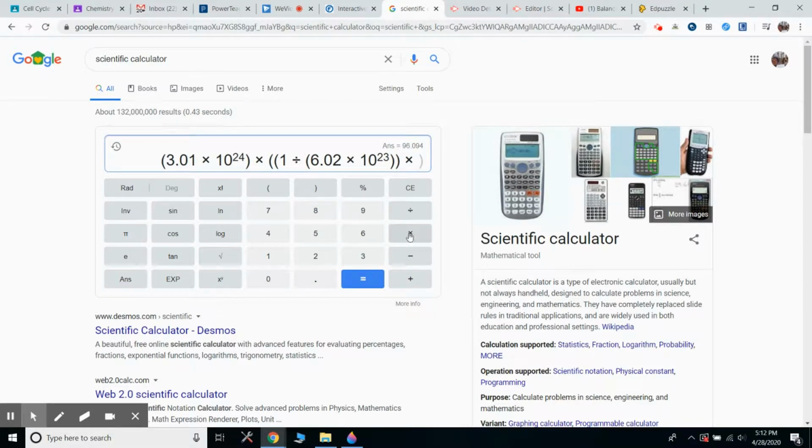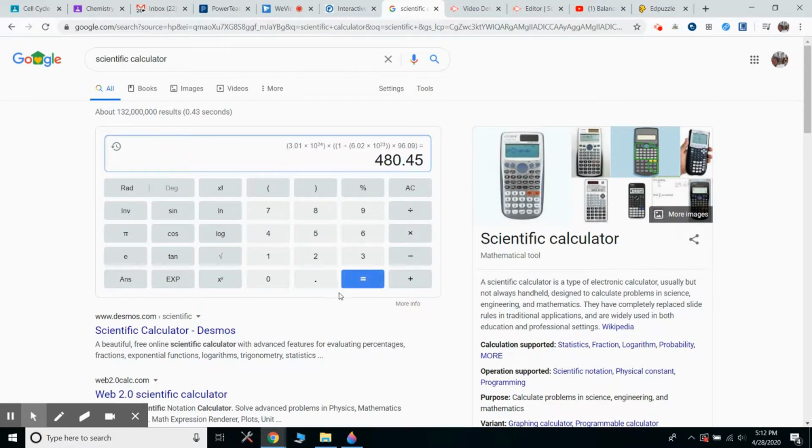Your calculator is not going to know to follow the order of operations unless you tell it. Okay, so times 96.09. And that's over 1 mole, so I didn't do a parenthesis here. I could have divided by 1 and put a parenthesis, but I know that 96.09 divided by 1 is just 96.09. So for convenience, I just left it as you see it.